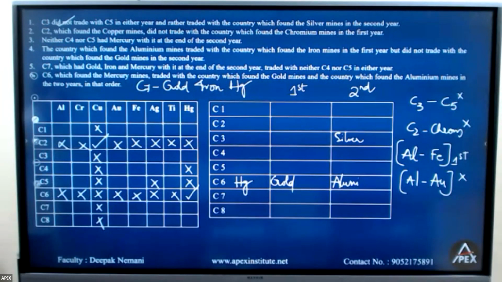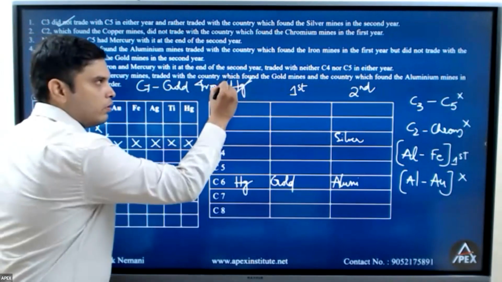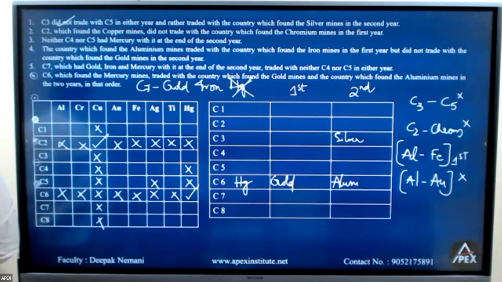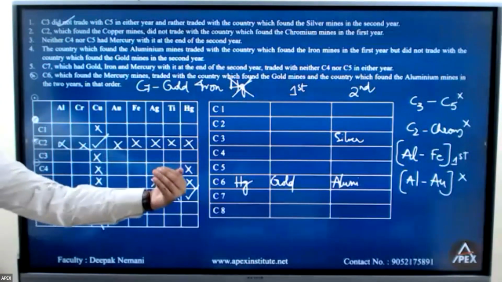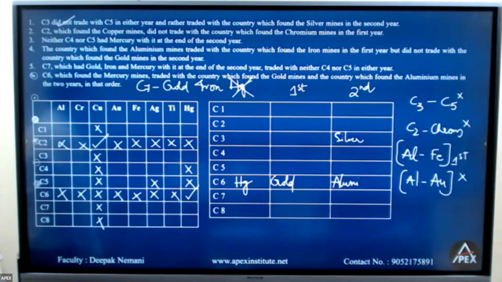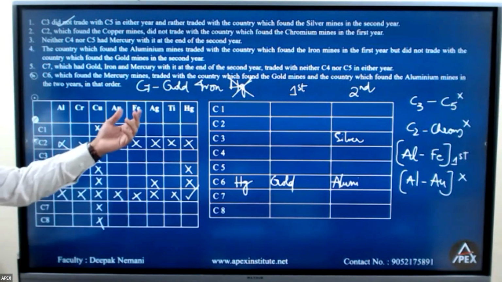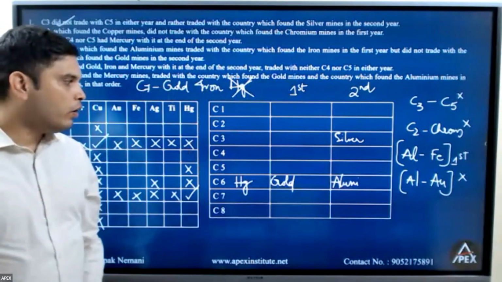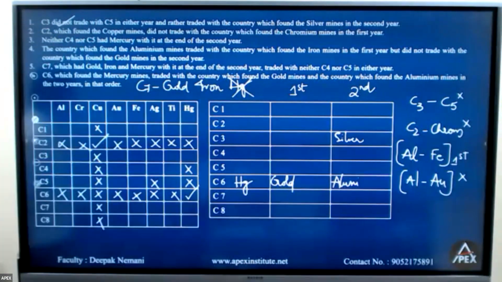Now C7 does not have a mercury mine. Right, C7 traded with C6. Okay. And we do not know whether C7 is a gold mine or an iron mine. Okay. Now, can we have C7 as an iron mine? Possible or not possible?